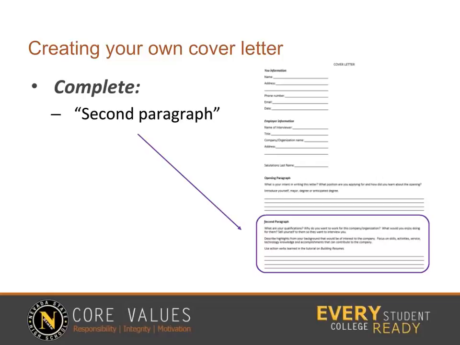Remember, this is not a place to simply copy and paste your resume. You want to pick out the most interesting pieces about you and insert them here so the interviewer wants to read your resume and is excited to schedule an interview with you to find out what more there is to learn. Take your time and complete paragraph 2 based upon the position summary on slide 15. Click to the next slide when you are ready.